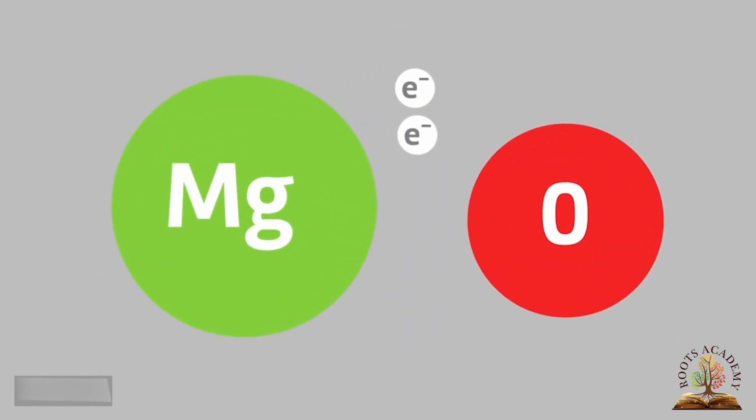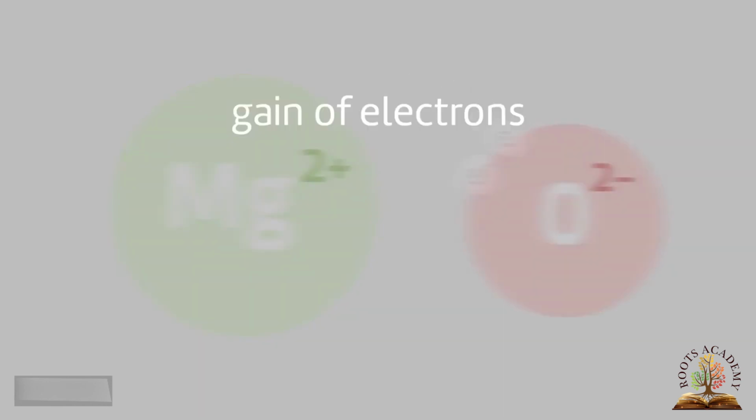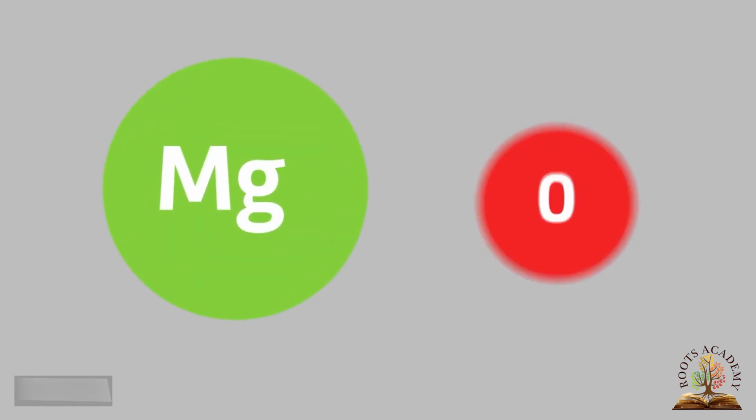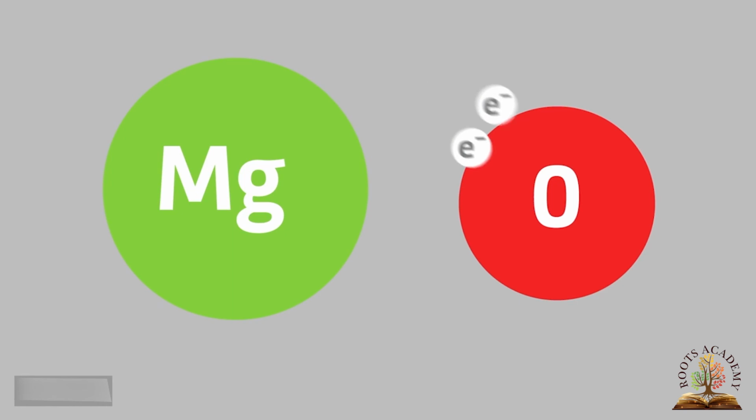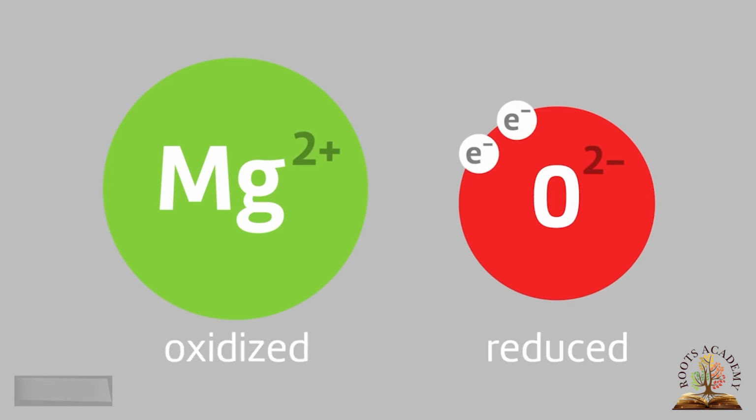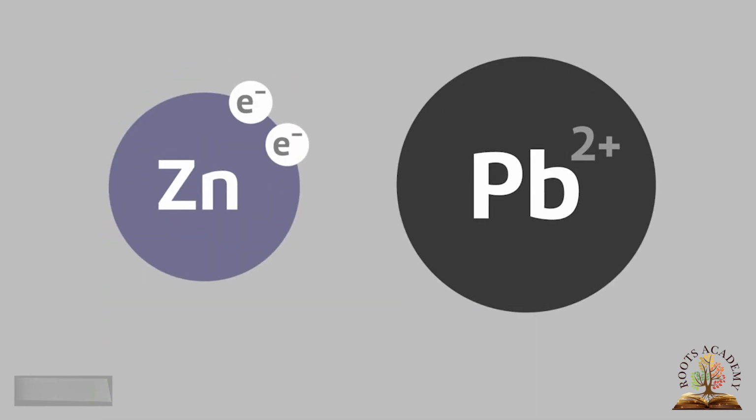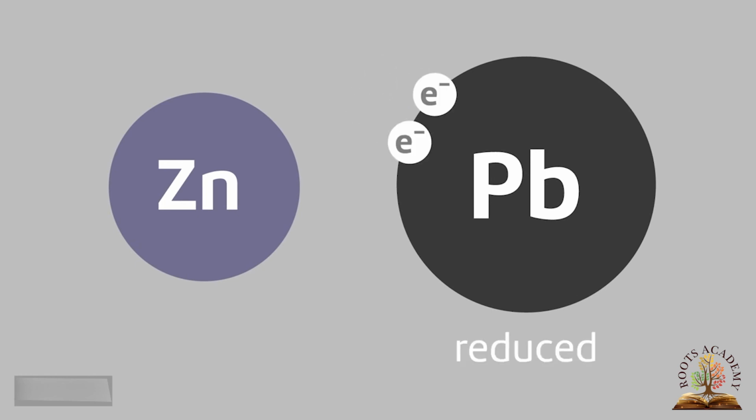But one atom's loss is another's gain. And gain of electrons is called reduction. So with burning magnesium, oxygen is reduced as magnesium is oxidized. And when lead trees form, lead is reduced as zinc is oxidized.